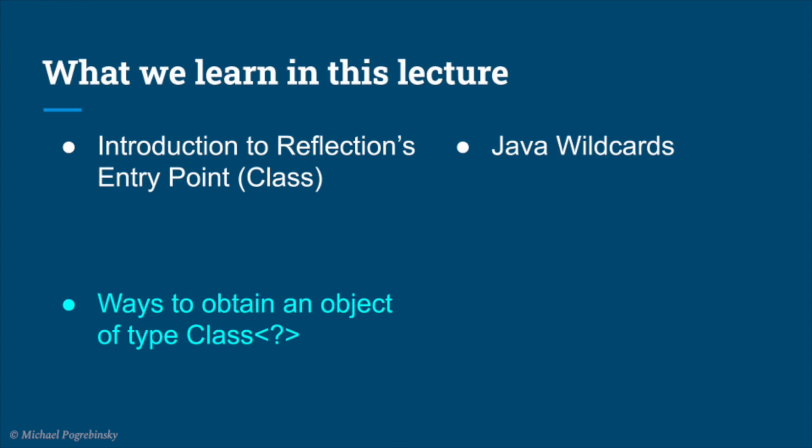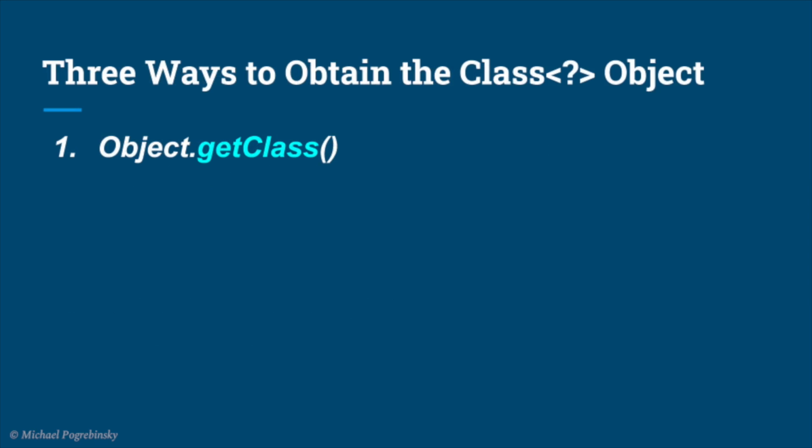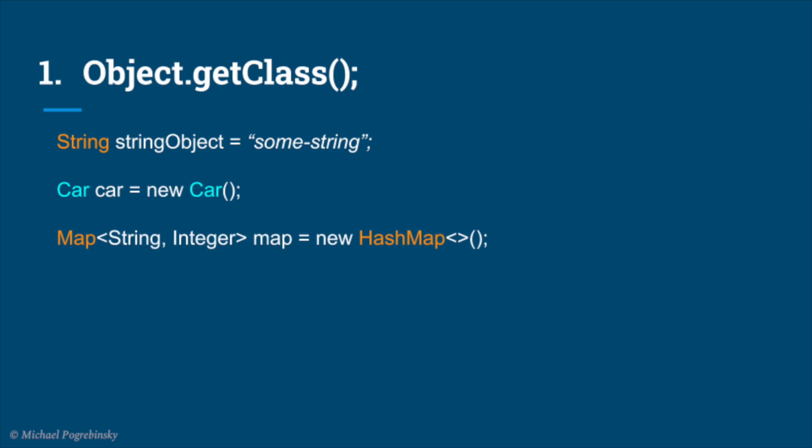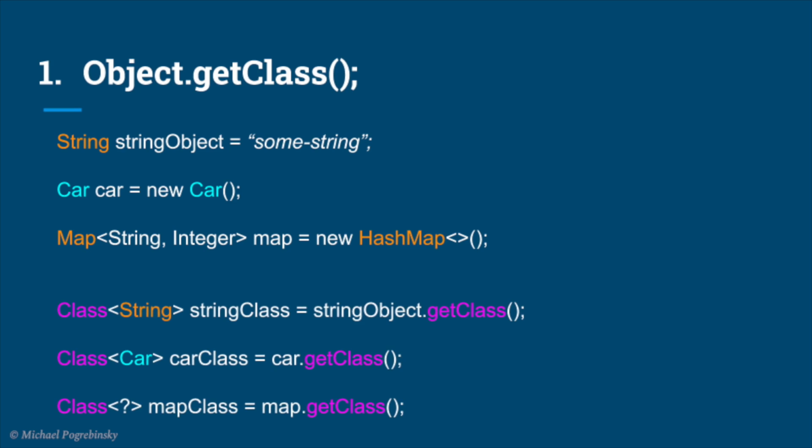There are three main ways to do it. The first way to get the Class object is using the getClass method of an object instance. For example, if we already have concrete objects of type String, of type Car, which is a custom class we created, and an object of an existing class in the JDK like a HashMap, we can call the getClass method on all three of them and get their respective runtime type represented by an object of type Class.